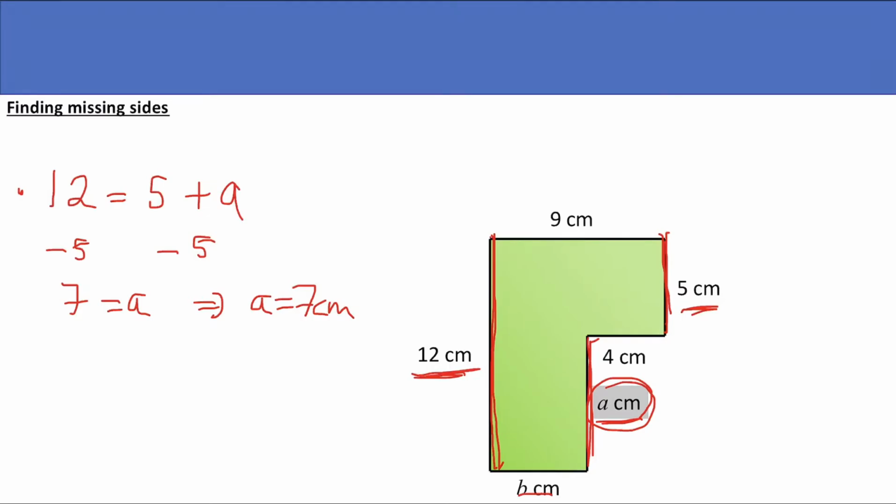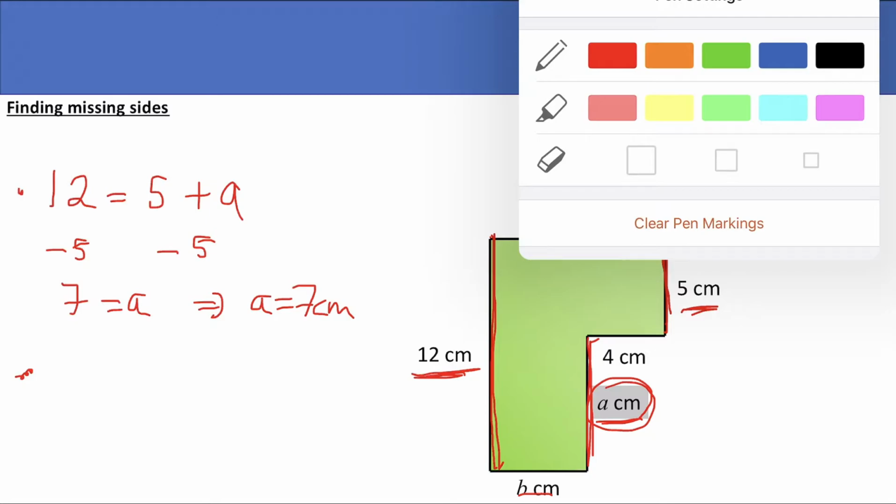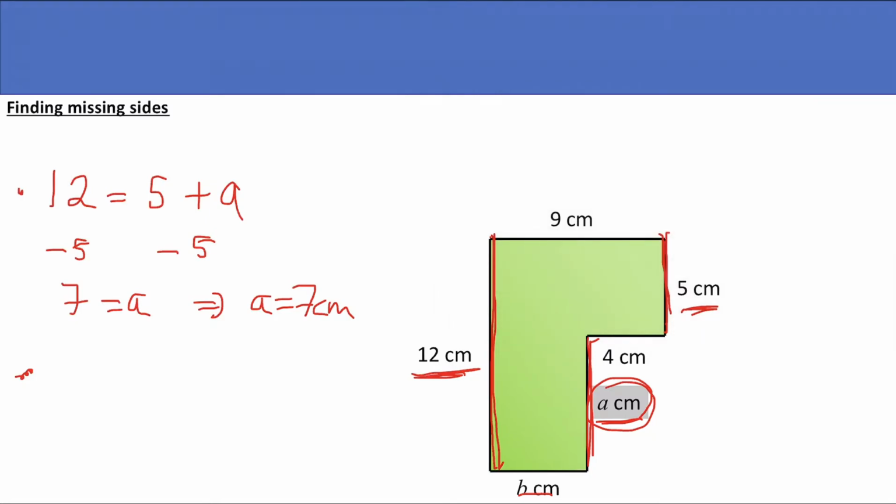So now, moving on to the next part, we need to find what side B is equal to. So changing the colour of the pen, this 9 centimeter at the top is equal to this, add this.